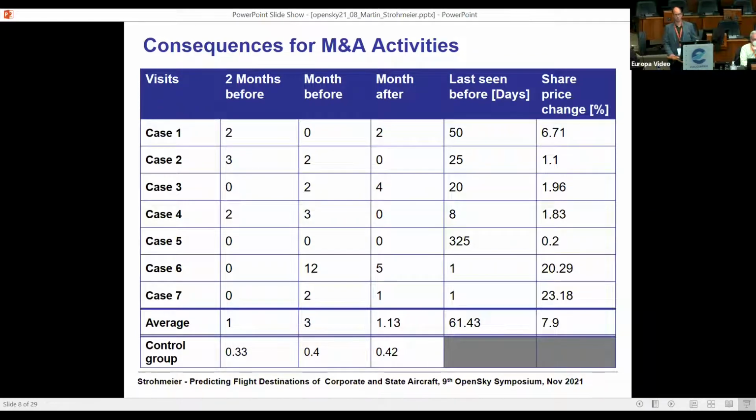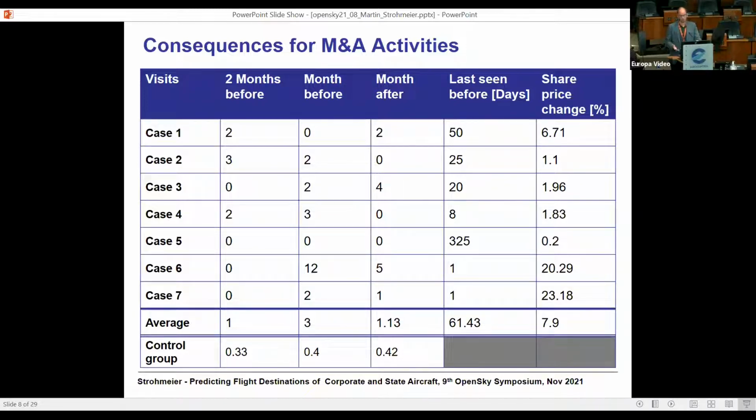Likewise, government military aircraft are not the only affected stakeholders. We did this analysis back then with corporate aircraft. We looked into mergers and acquisitions activity, looking into 7 cases where OpenSky at the time had good coverage and where we could identify mergers and acquisitions between companies and where we could identify the corporate aircraft.